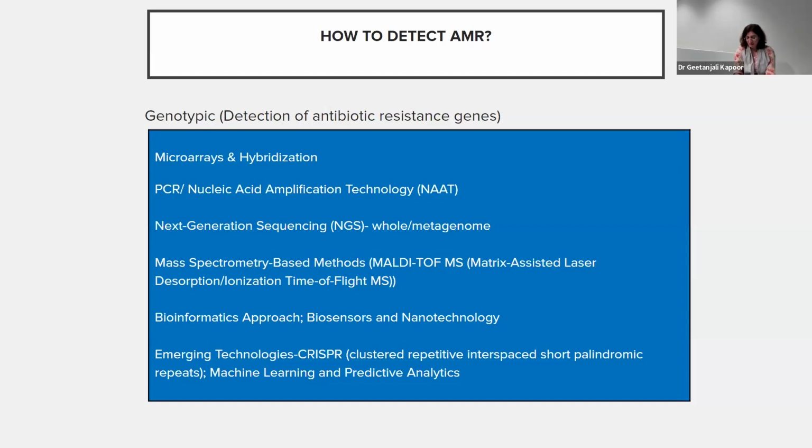But it looks to be a very promising technique to detect antibiotic resistance. And of course, machine learning and predictive analytics. So this was just to let you know about our AMR detection techniques. Phenotypic, the simple one. Genotypic, of course, more specific, more sensitive.